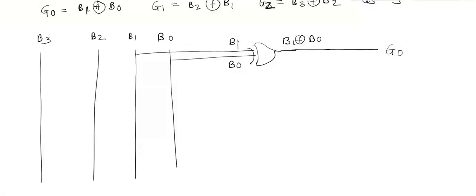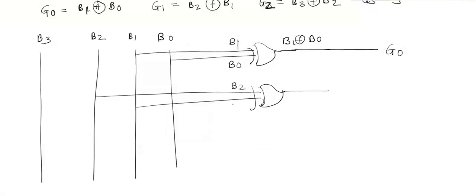After implementing the expression G1, now my circuit will look like this. The inputs are B2 and B1. First input is B2 and second input is B1. Output is B2 XOR B1, which is nothing but G1.